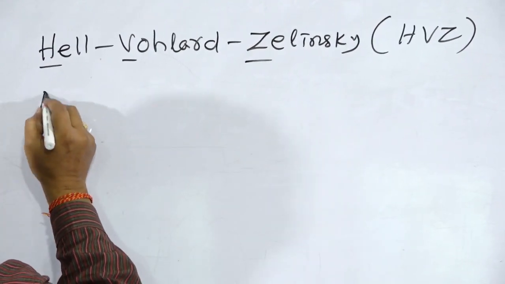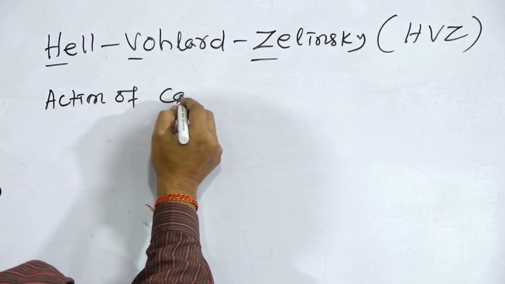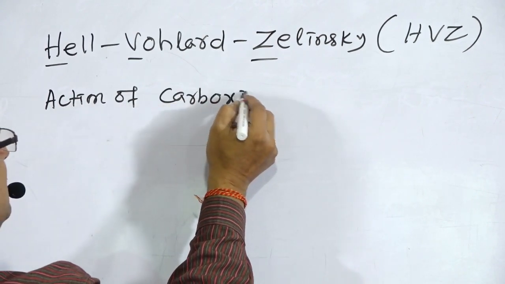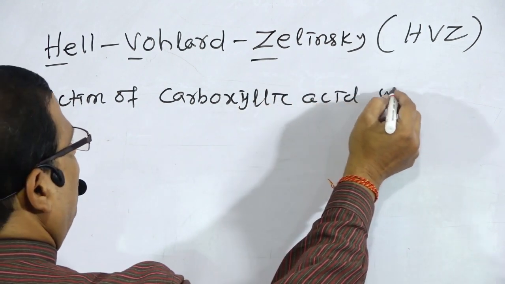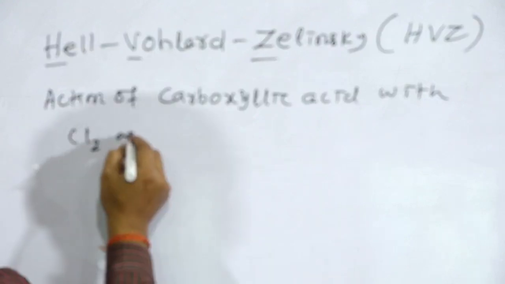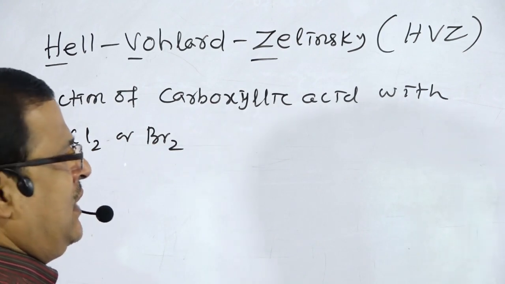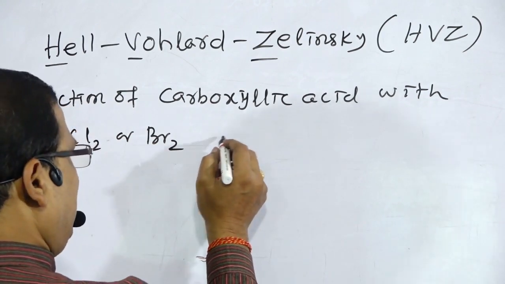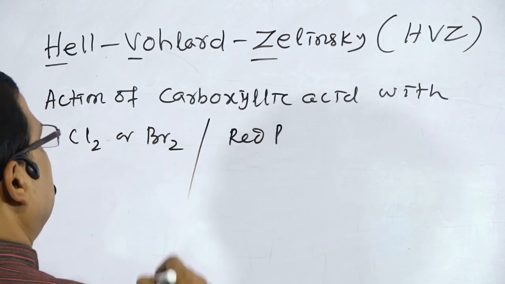That is the action of carboxylic acids with Cl2 or Br2 in the presence of red P, red phosphorus.